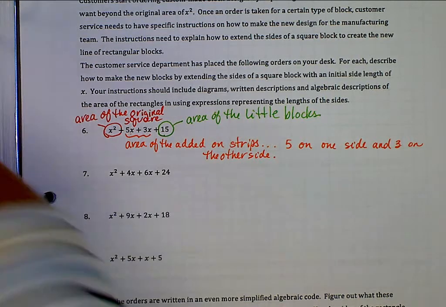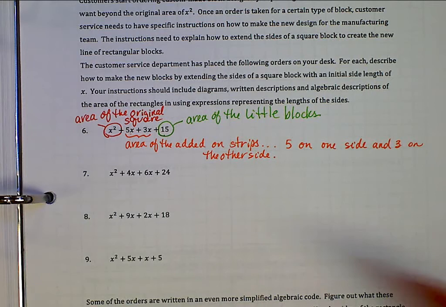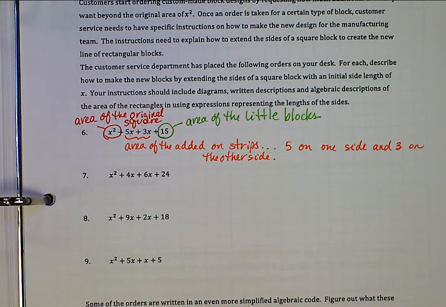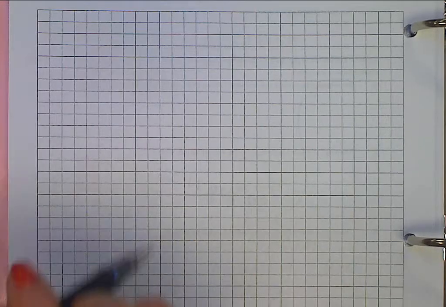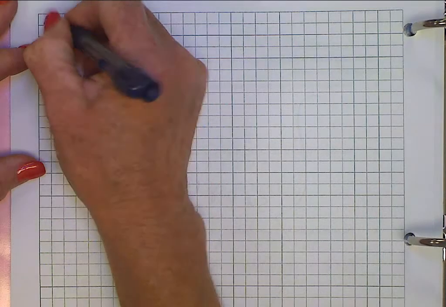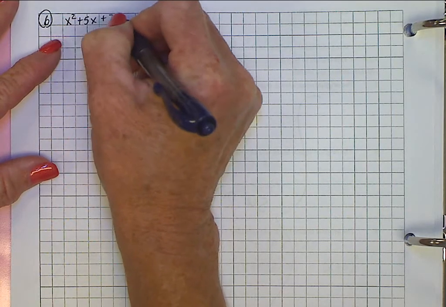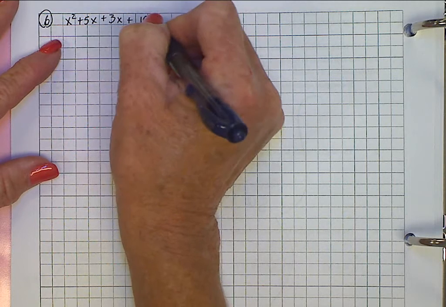With that information, we can go to page N33, and we are going to draw that diagram. So I'm going over here to page N33, and we're doing number 6, which said x squared plus 5x plus 3x plus 15.